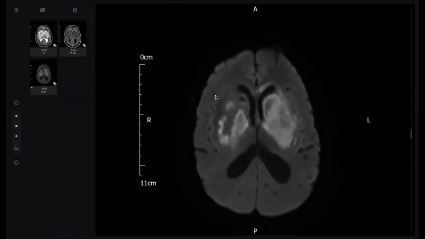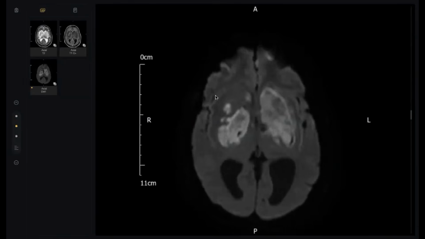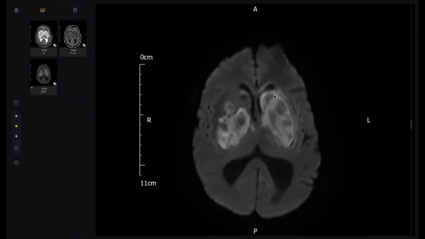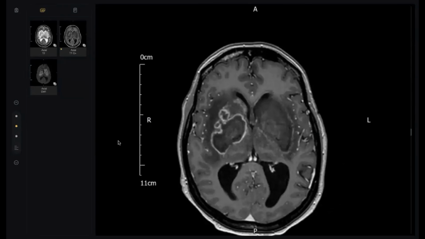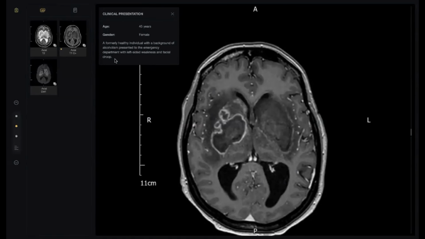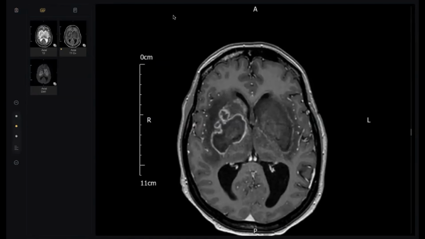Infection. Okay, my colleagues, very important. Look here, most of the restriction is central, but here it is marginally enhancing. The doctor did very well when she told us that, as it is very aggressive and rapidly progressive, it looks like something fungal, specifically in the background of alcoholism, which means the patient is immunocompromised.